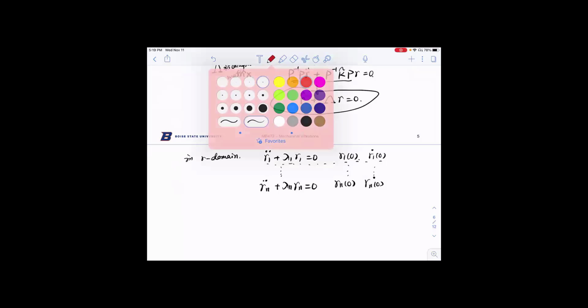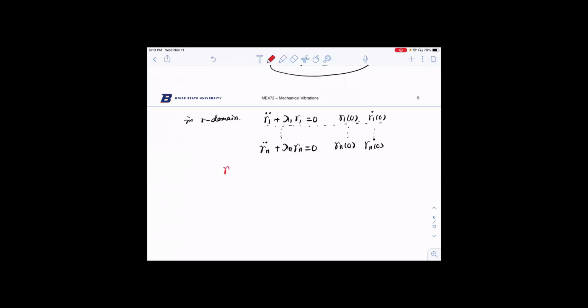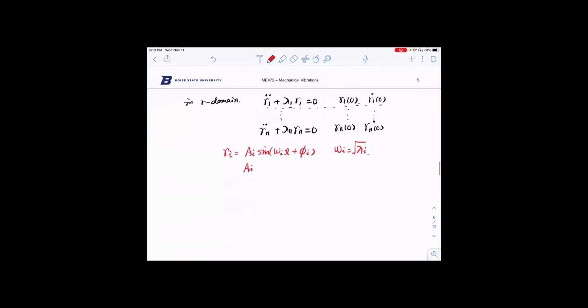So let's recall what we have. You have your Ri equals Ai sine omega i t plus phi i, right? That's just free vibration. And then remember, omega i is just the natural frequency, which is the square root of that ith eigenvalue. And then Ai and phi i are calculated from initial conditions.